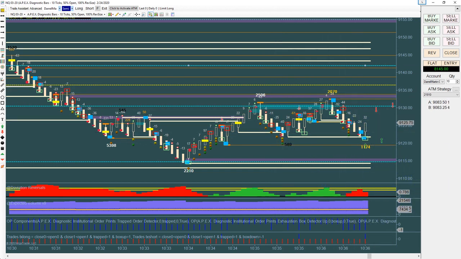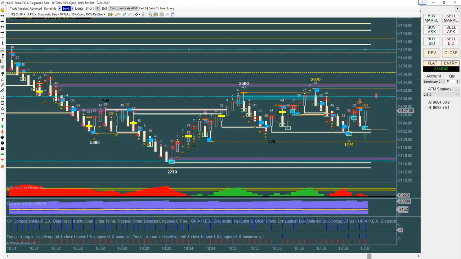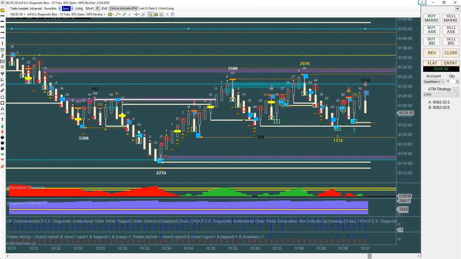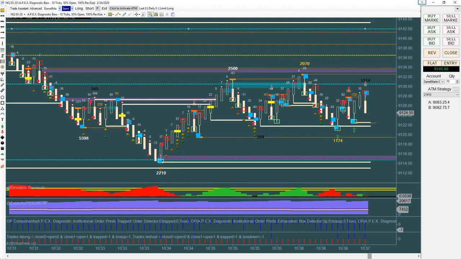I would take it, because we have room within that range to take profit before that wall. And it is profitable. There you go. So you're in that trade, so you don't take the second trade.